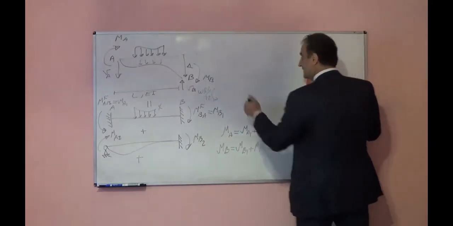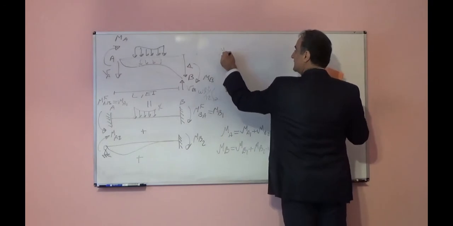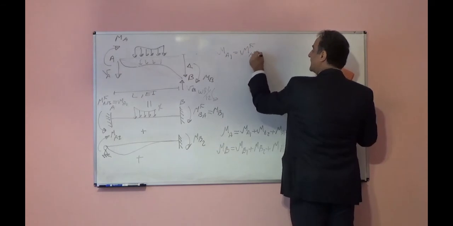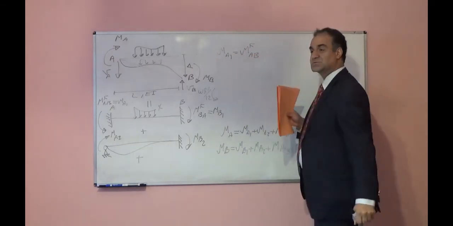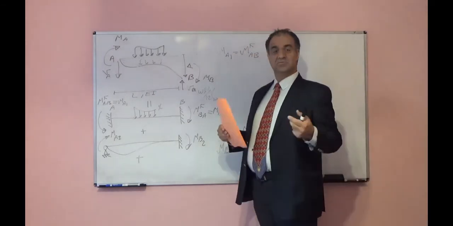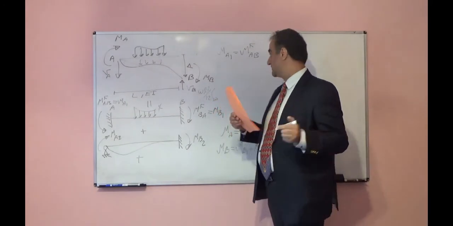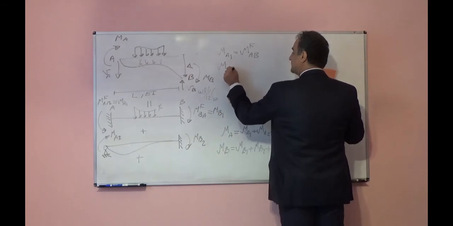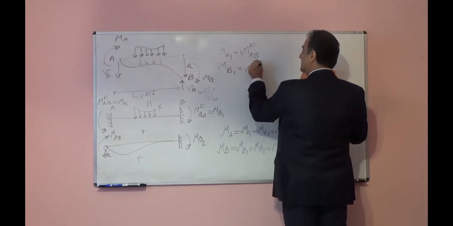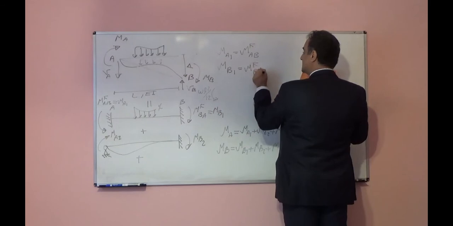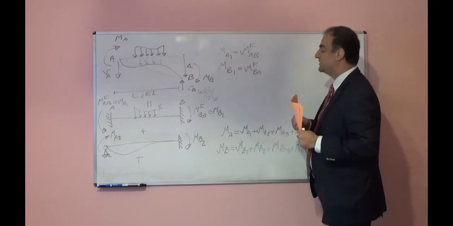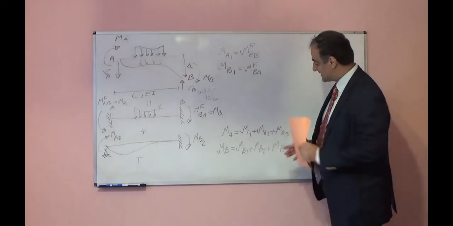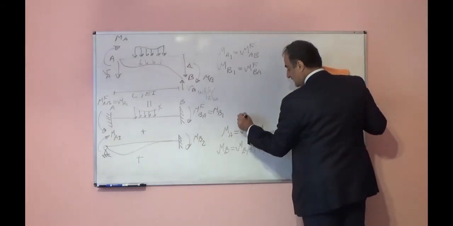I call it M fixed AB, I can find using a table, and those tables were developed using force method or superposition. That is easy, but because they are already developed, we will use those tables. This is M fixed BA. It means fixed end moment because of external load. So this term we can find it.